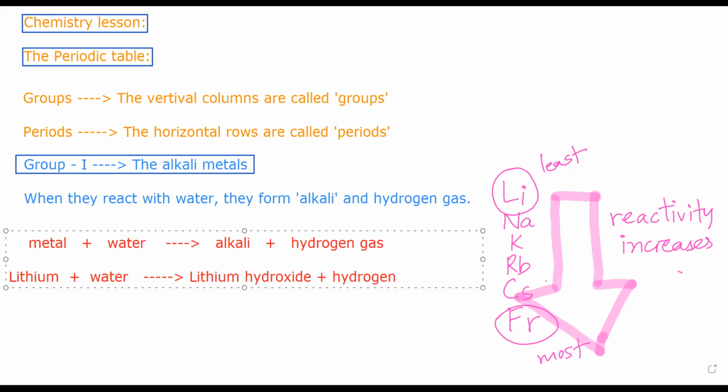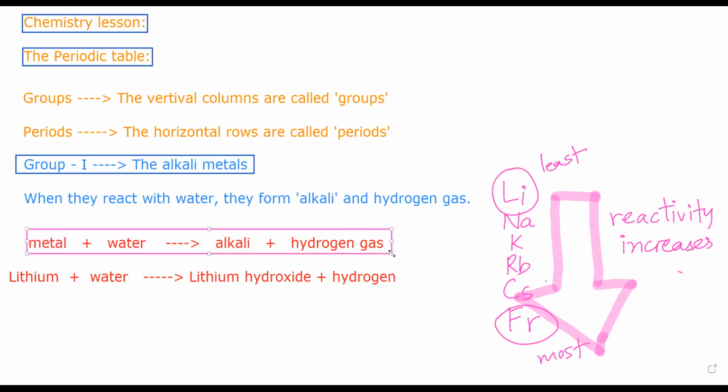Now, what will be the chemical equation? Lithium, Li, plus water, H2O, gives lithium hydroxide, LiOH, plus hydrogen, H2.